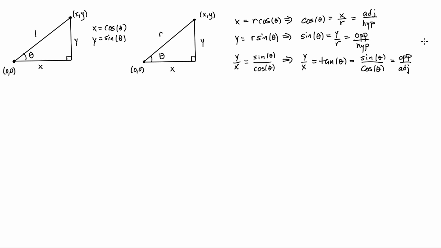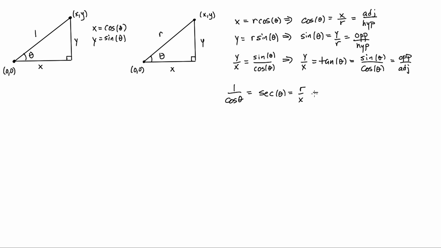So if I wanted to look at the reciprocal of, let's say, cosine, 1 over cosine theta is defined to be secant of theta. And so the reciprocal there is, instead of being x over r, is r over x.